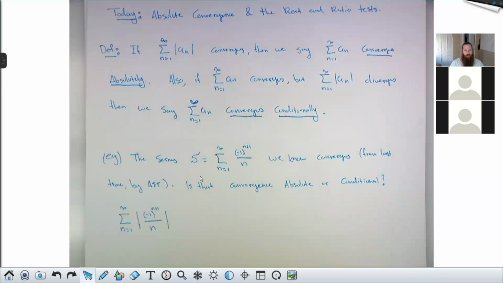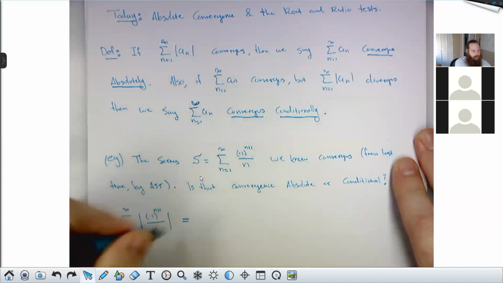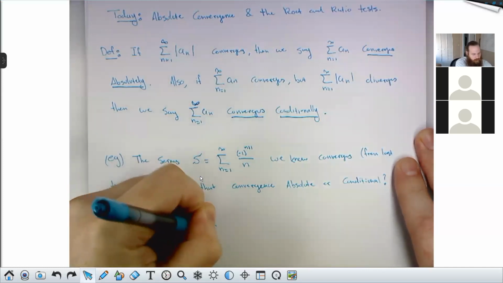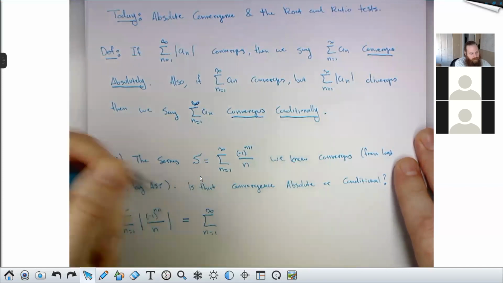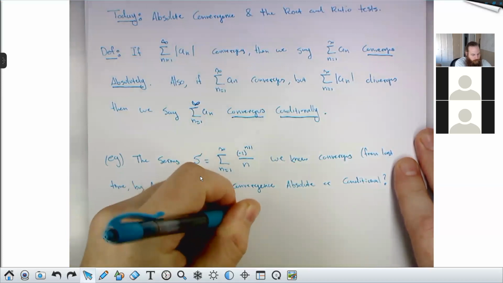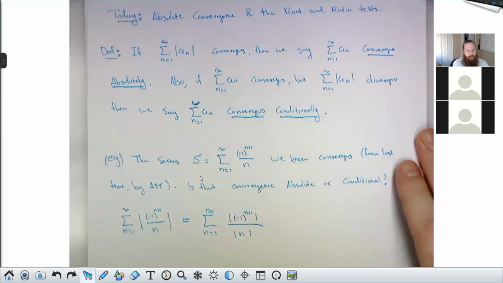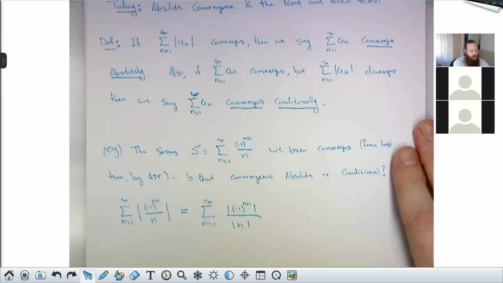But what about this series that we get by taking absolute values inside? This is where you need to be comfy with the algebra of absolute values. I've said it a few times in this class, absolute values play nice with multiplication and division. So I can take the absolute value of the top and the absolute value of the bottom separately. And since n here is running from 1 to infinity, the n in here is always positive.